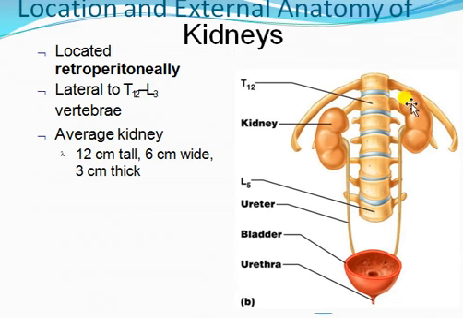So exactly here it will start. This is the left kidney, this is the right kidney. The average kidney is 12 centimeters in height, 6 centimeters wide and 2 to 3 centimeters thick.